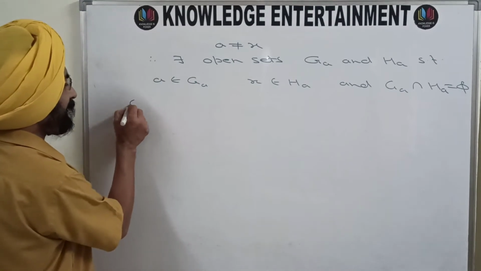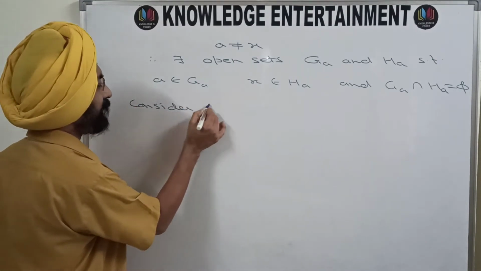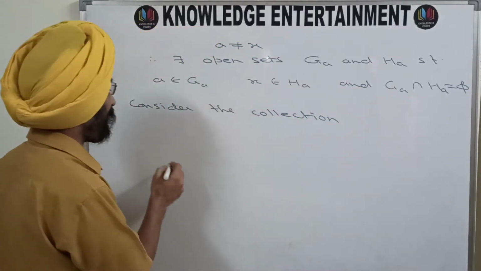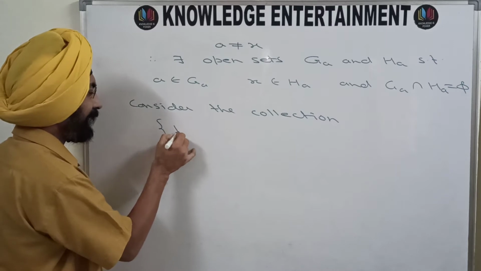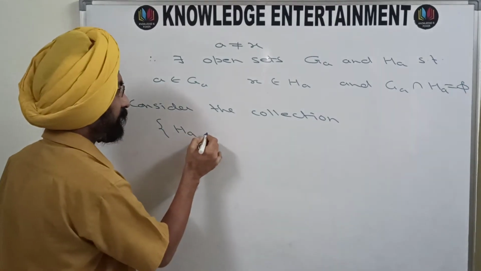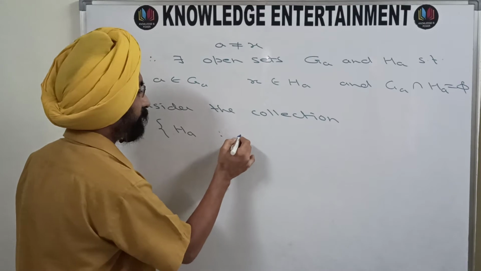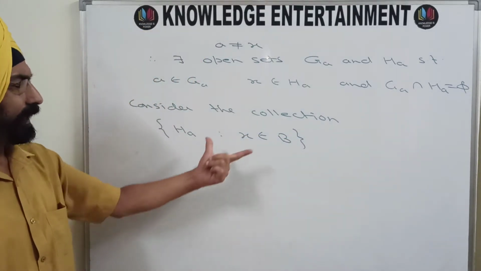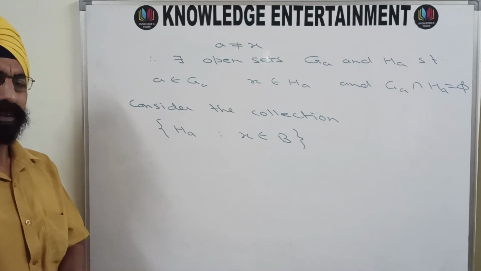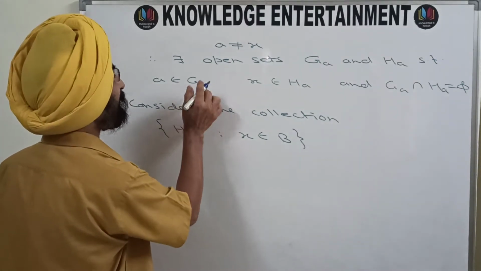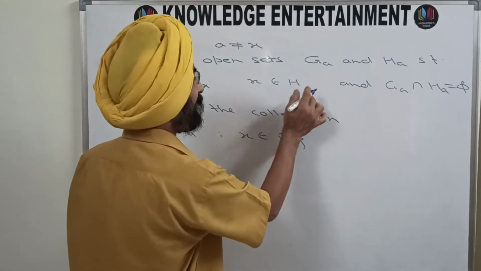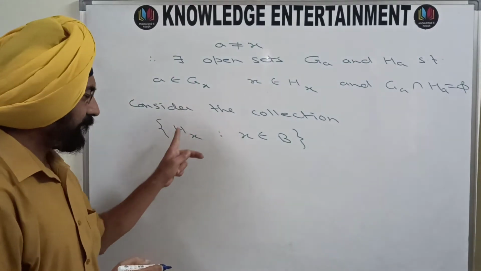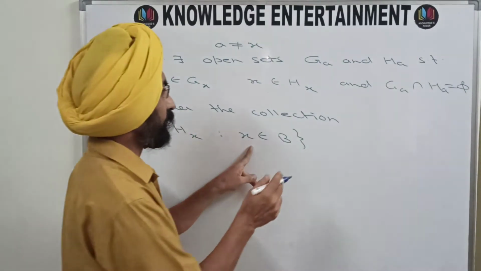So consider the collection Ha for different x of the set B. You can name these as Hx and Gx also, because here it will be easy to identify the set Hx with respect to this x.